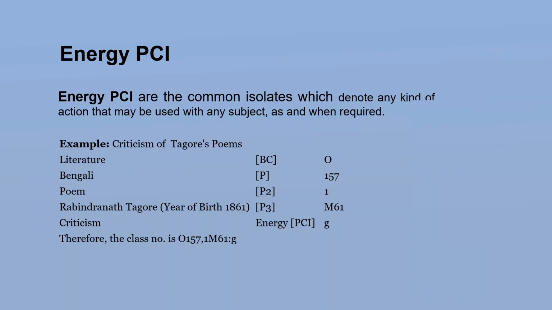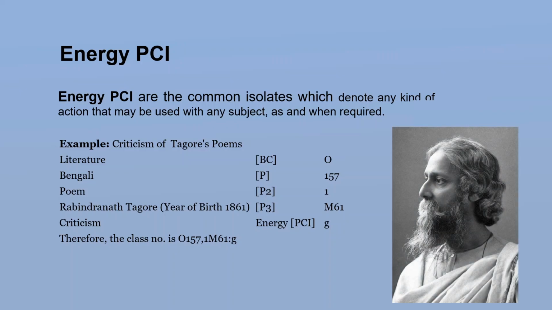Here, say for example, we are going to classify a document on criticism of Tagore's poem. Here the main class is literature, then literature of Bengali language; Bengali language is denoted by 157, literature is denoted by O, and then in the second level personality facet for poem we get the notation 1 from the main class O literature.